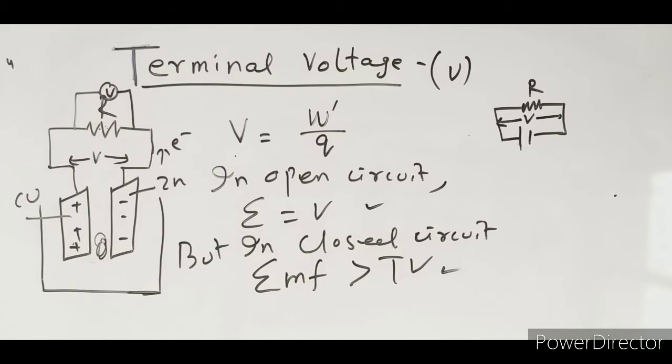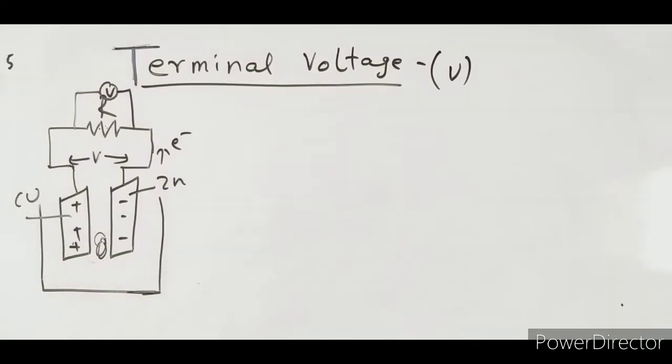Clear? That is usually the confusion, but there is nothing to be confused about. One thing to remember: the EMF of a cell is constant every time. When it is a closed circuit and current is drawn, EMF is greater than terminal voltage.